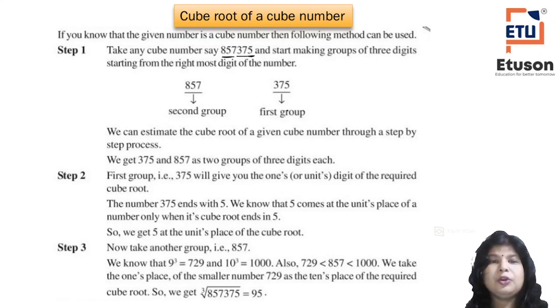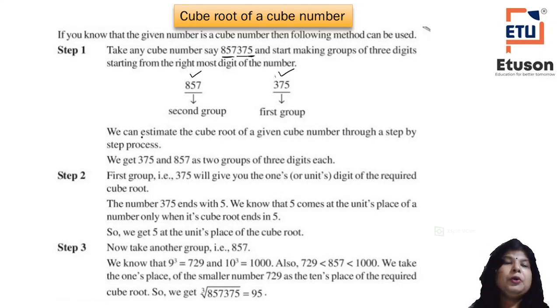That is how you have formed a group of 375 and a group of 857. Now, we can estimate the cube root of a given cube number through a step-by-step process. We get 375 and 857 as two groups of 3 digits each.